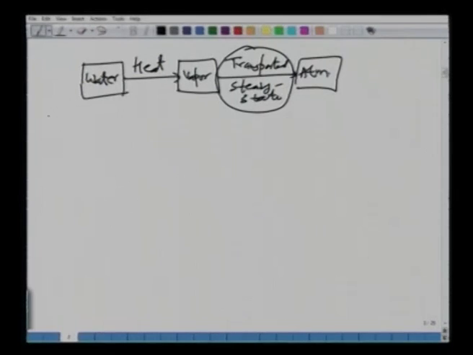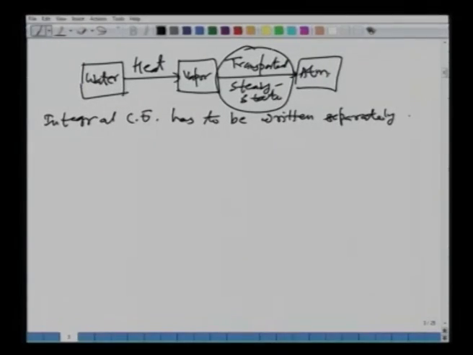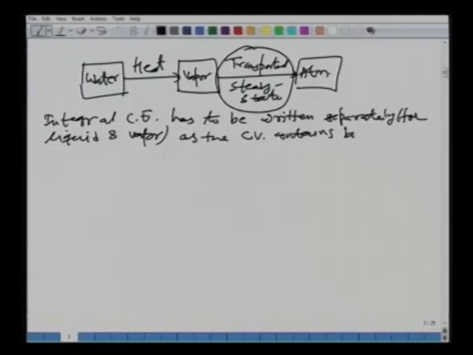So, what we are going to say is that the integral continuity equation has to be written separately, that is for liquid and vapor phase of the water, as the CV or the pan contains both phases of water.